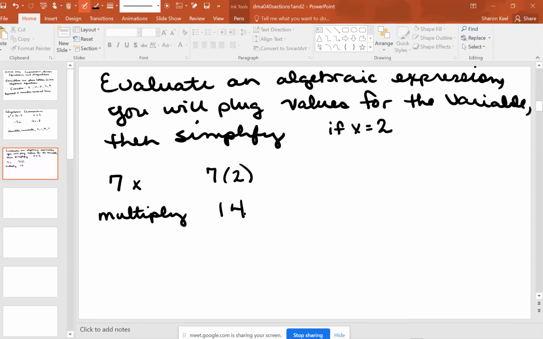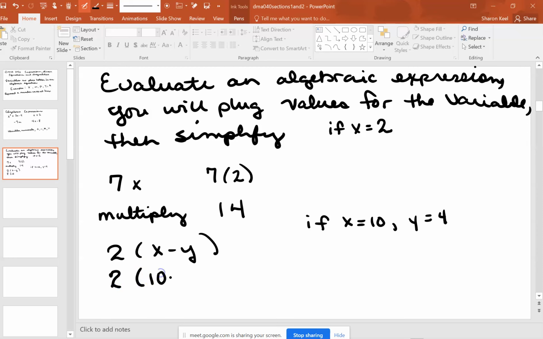If I were to give you, let's say, 2 times the quantity x minus y, and if I tell you x is 10 and y is 4, that would be 2 times 10 minus 4. 10 minus 4 would give me 6, and 2 times 6 would give me a solution of 12.